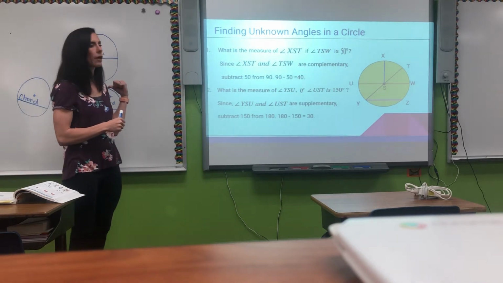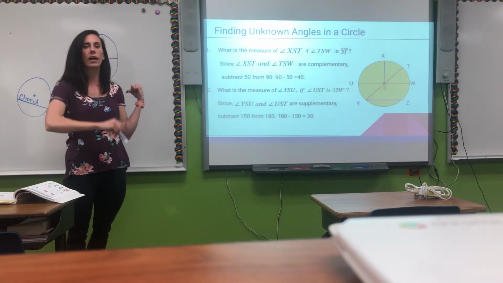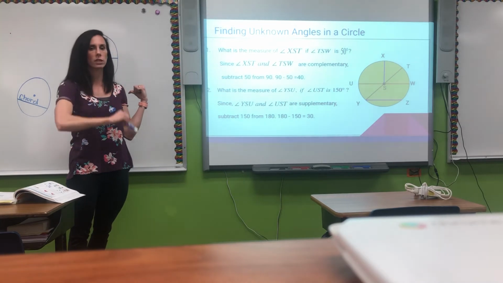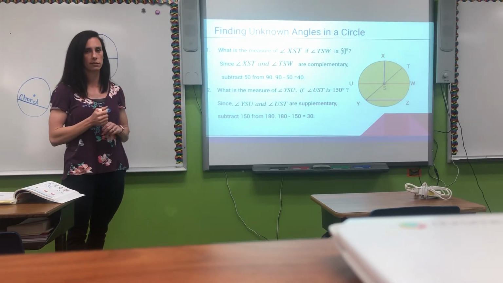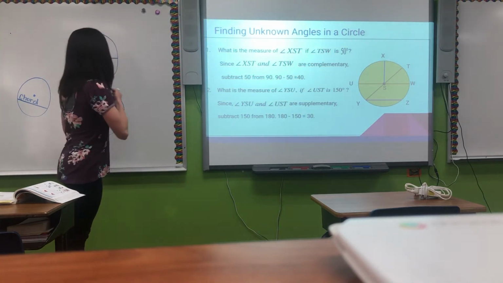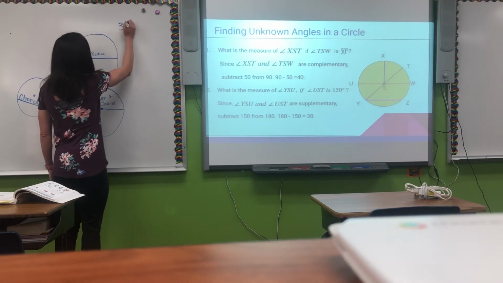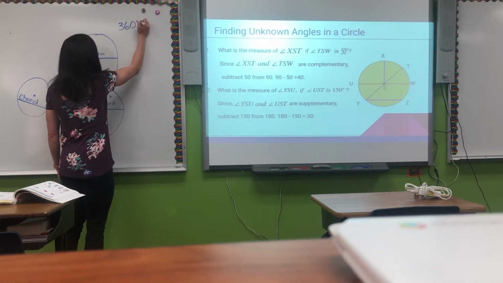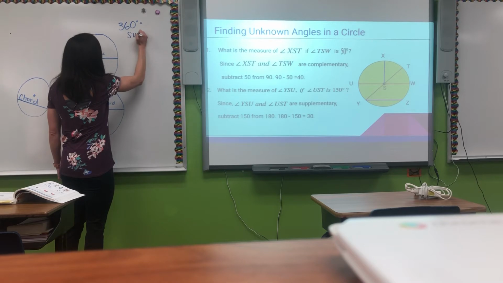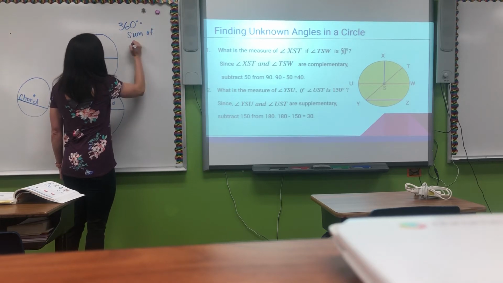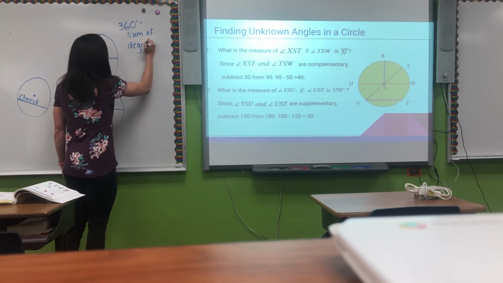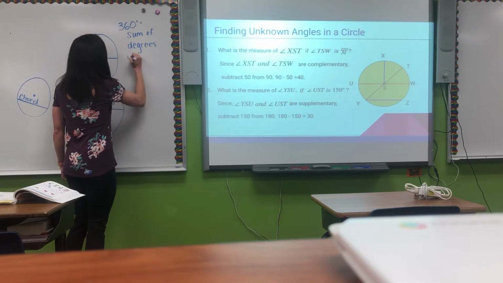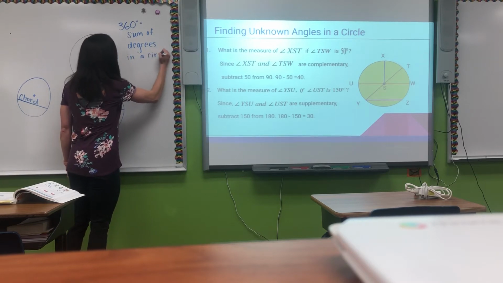Oh, and on the slide it also said that the total degrees in a circle is 360 degrees. Forgot to say that. So 360 was on that slide before. It's the sum of degrees in a circle, which you probably know that.